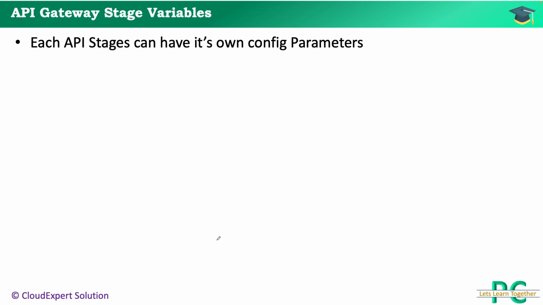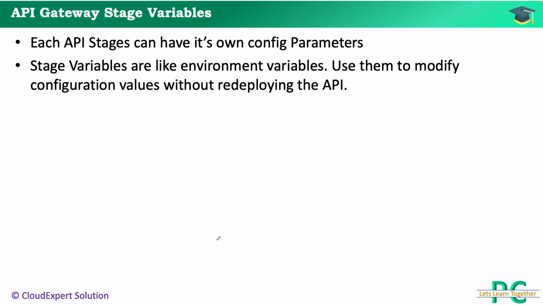Then are you going to create different APIs for these environments? The answer is no. We are going to create only one API and we are going to apply those configurations using stage variables. So stage variables are like environment variables. We can use them to modify configuration values without redeploying the API.